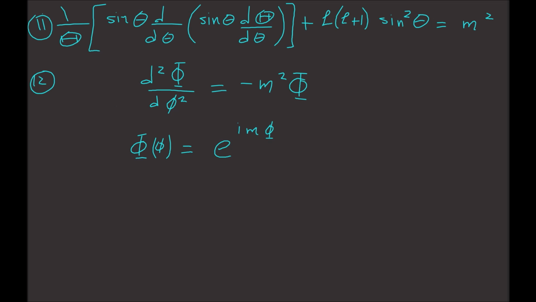This is small theta. There's also the negative solution, e to the minus i m theta, but that's fine. We're going to account for this by allowing m to run from negative to positive.